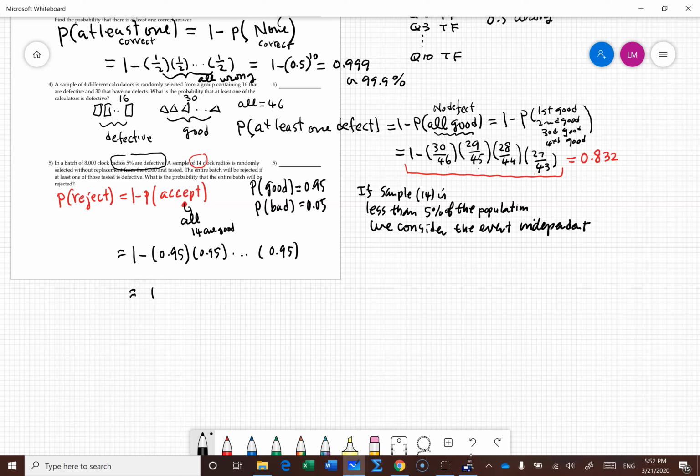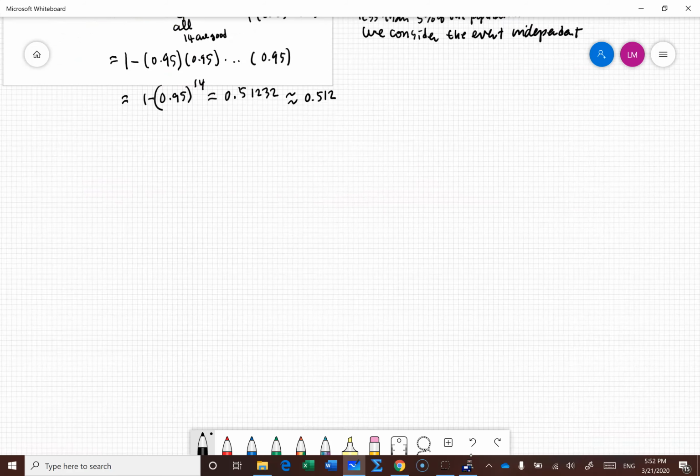So it is 1 minus 0.95 to the 14th power. If you do that, it is 0.51232, approximately 0.512.